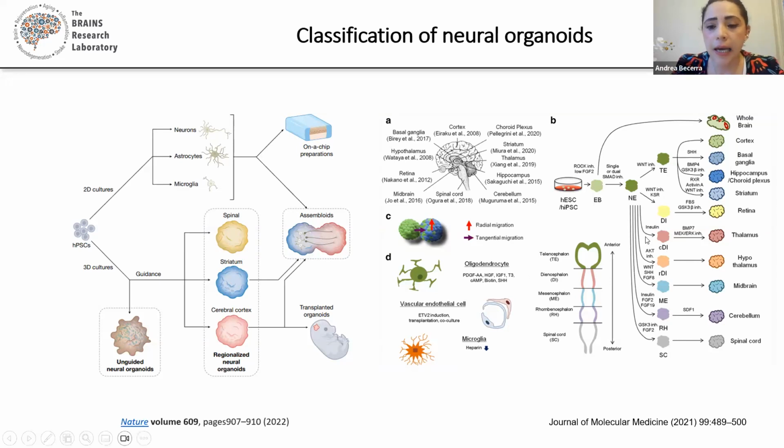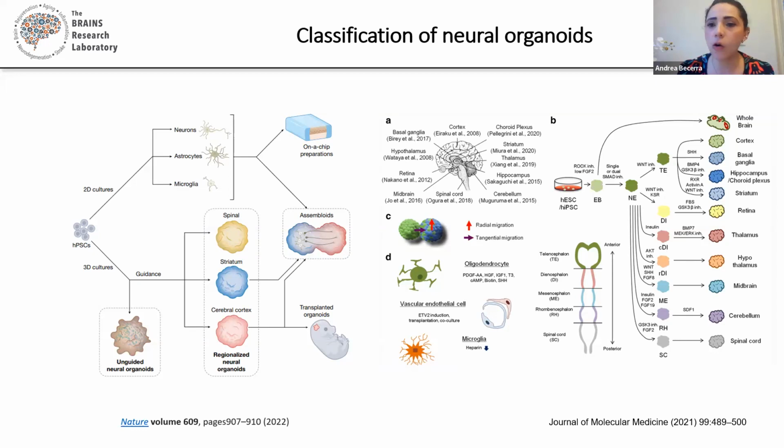So in the last years, there are many publications that have shown different kinds of regional organoids. We can get the whole brain, cortex, basal ganglia, hippocampus, striatum, retina, thalamus, hypothalamus, midbrain, cerebellum, and spinal cord.